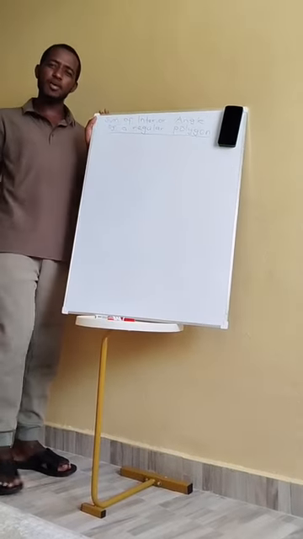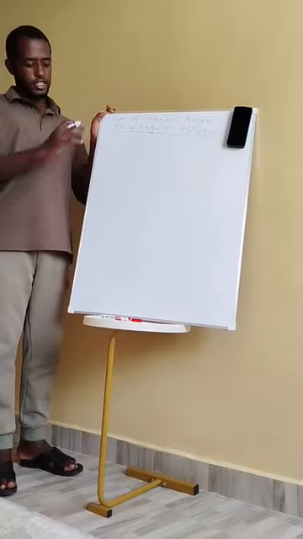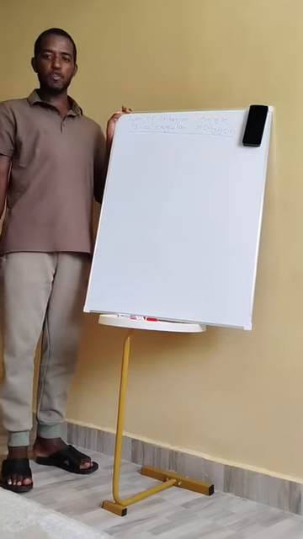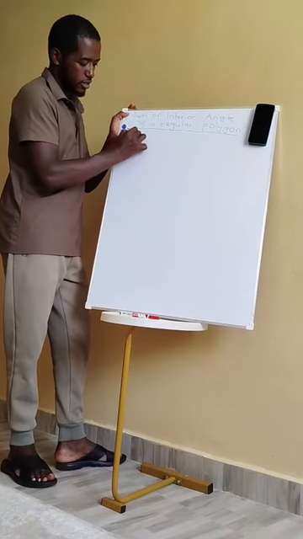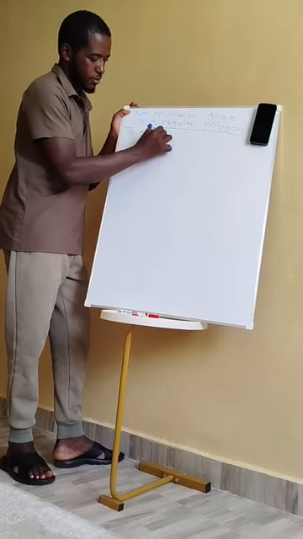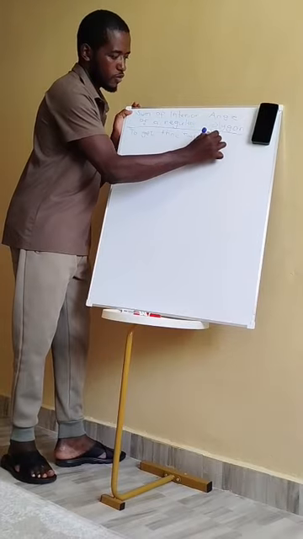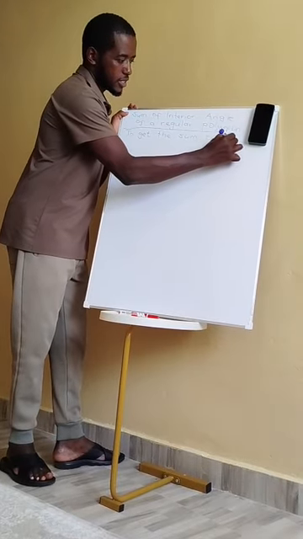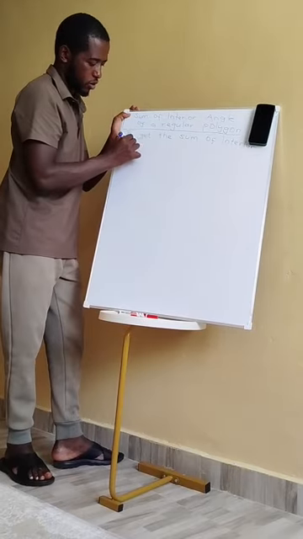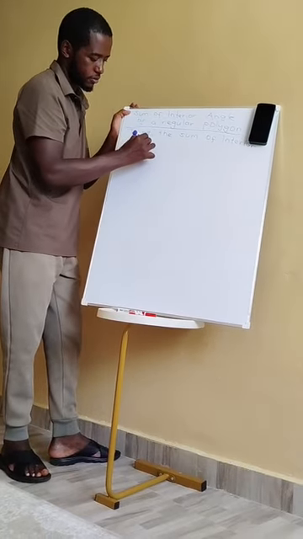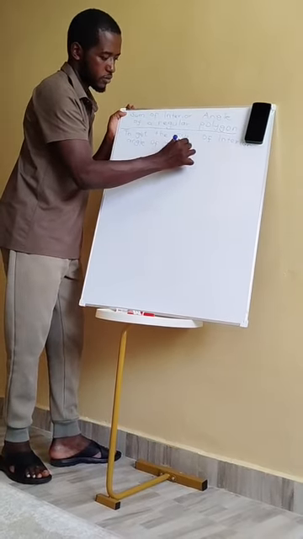How do you get the sum of interior angle of a regular polygon? It is very easy. We use the formula to get the sum of the interior angle of a regular polygon.